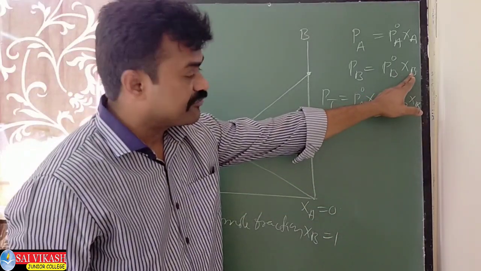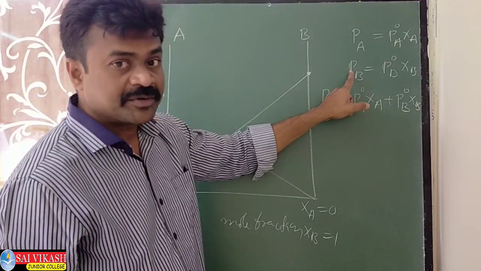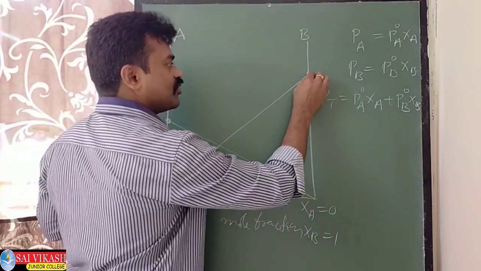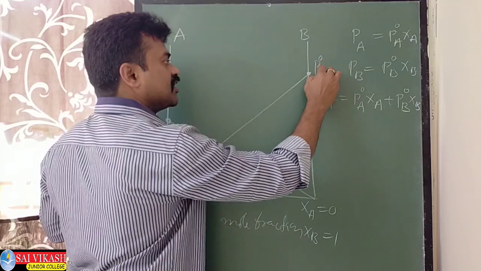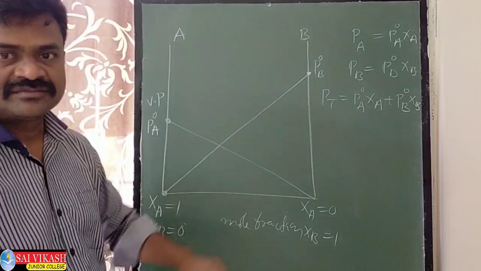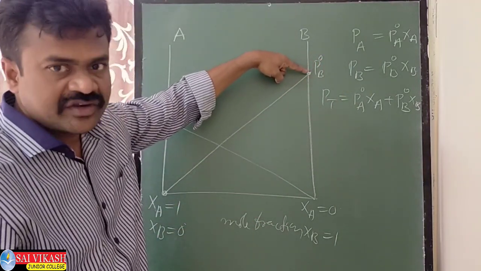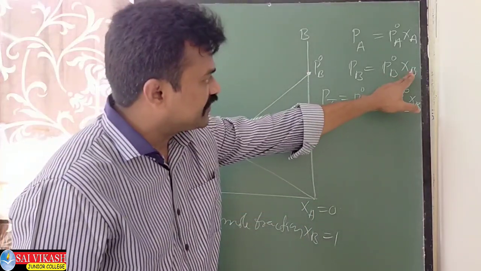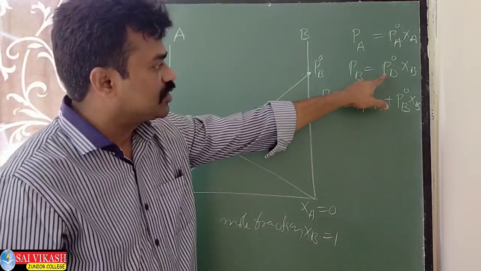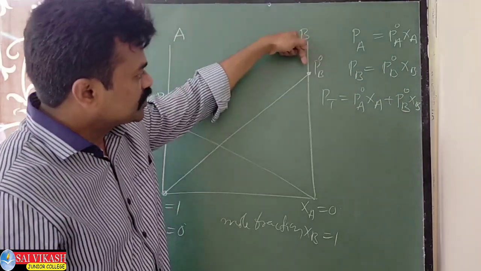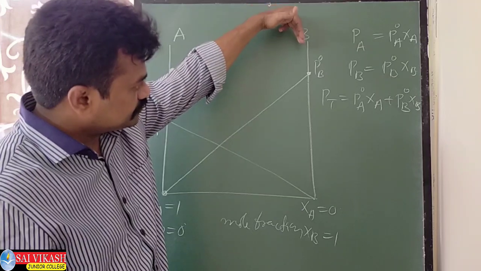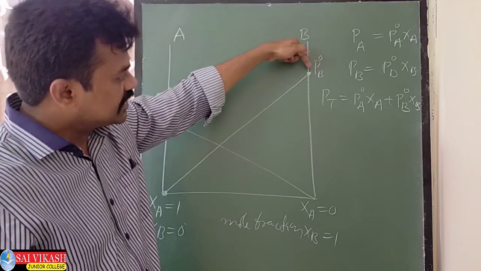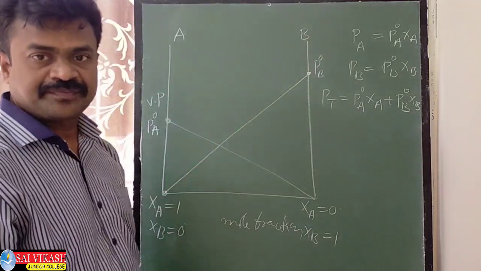As the mole fraction of B is 1, the partial vapor pressure of B will be P naught of B. Means at this point we get P naught of B only, because here XB equals 1. From this formula, if XB is 1, PB equals P naught of B. So P naught of B means the vapor pressure of the pure component B. So this is the actual value.